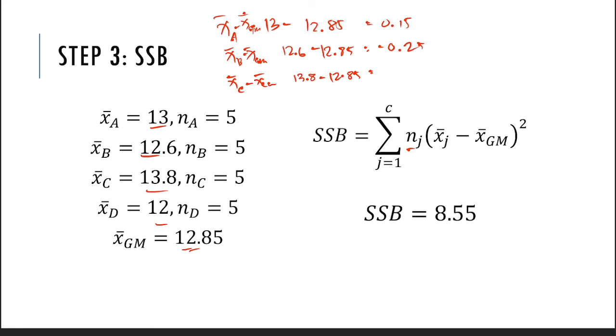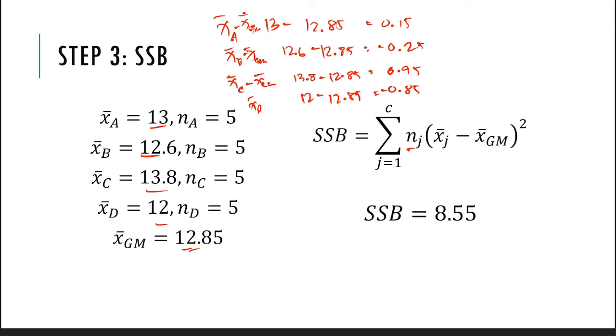So that will be 13.8 minus 12.85, so that will be 0.95. Then we'll have yung sa last one, yung sa XD, that will be 12 minus 12.85, which is equal to negative 0.85.